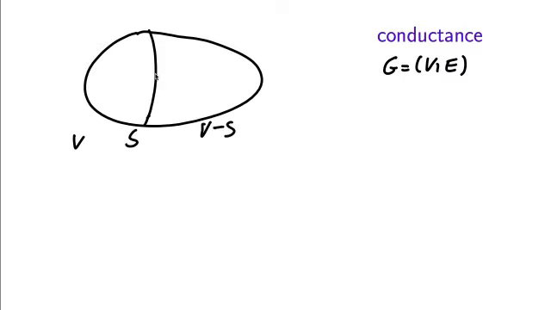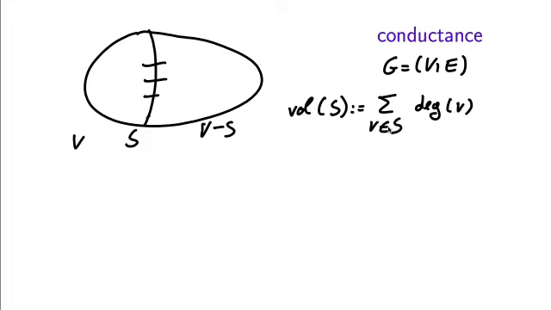This is S, this is the complement of S, these are the crossing edges. So just one more definition, we'll call the volume of a set of vertices the summation of the degrees of the vertices in the set. So if the graph is d regular, the volume of a set S is just d times the cardinality of S.